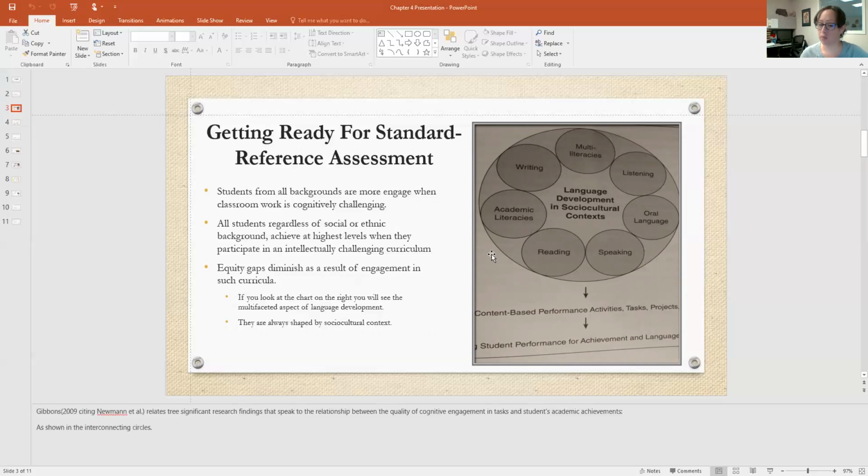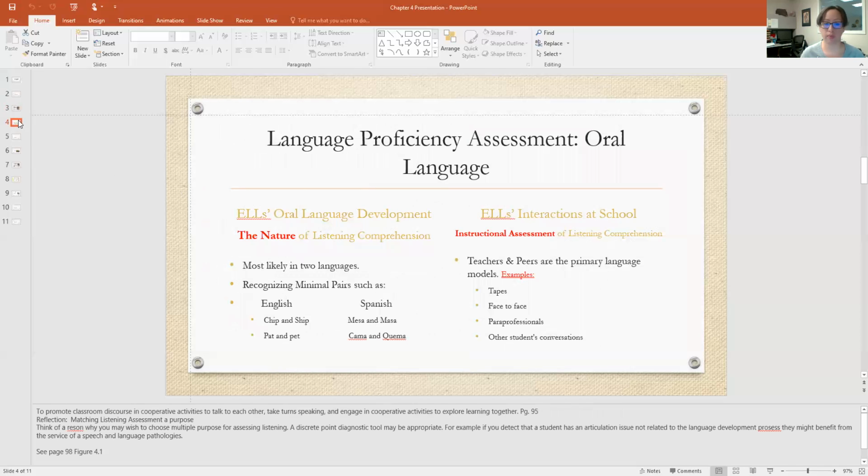By them speaking and hearing it and listening, this will make it where their writing will just bloom. So, how does this relate? There are significant research findings that speak to the relationship between the equity of cognitive engagement in tasks and students' academic achievement, as shown in the interconnecting circles. And you can find this in your book as well.